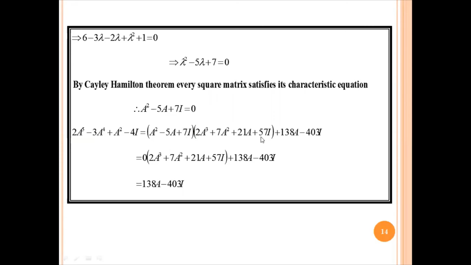So this into this, you have to remember only. That is, we have to convert this in the form of like this, plus remaining terms. Now we are replacing this value here. Right? The final linear polynomial is 138A minus 403i, right?